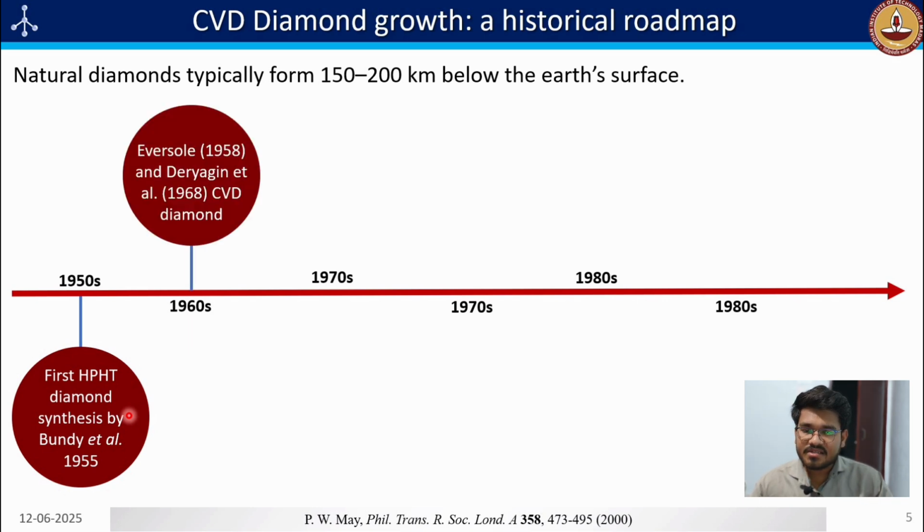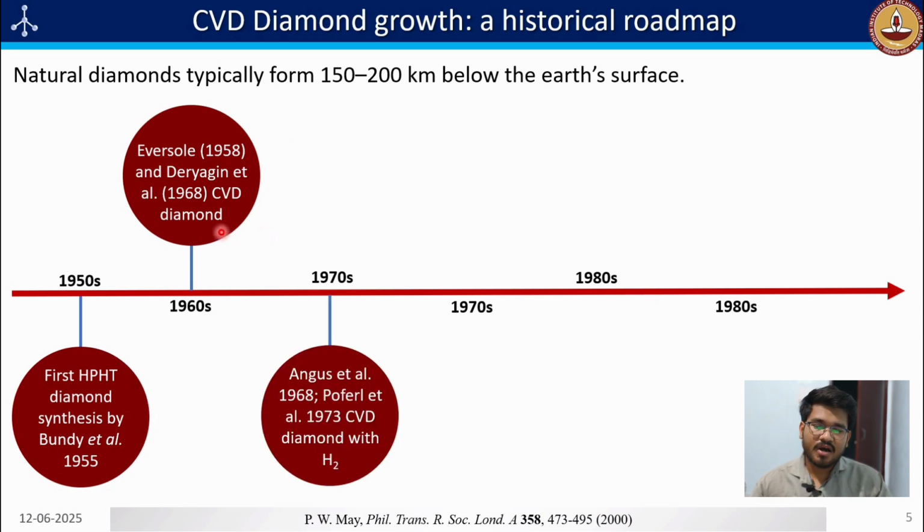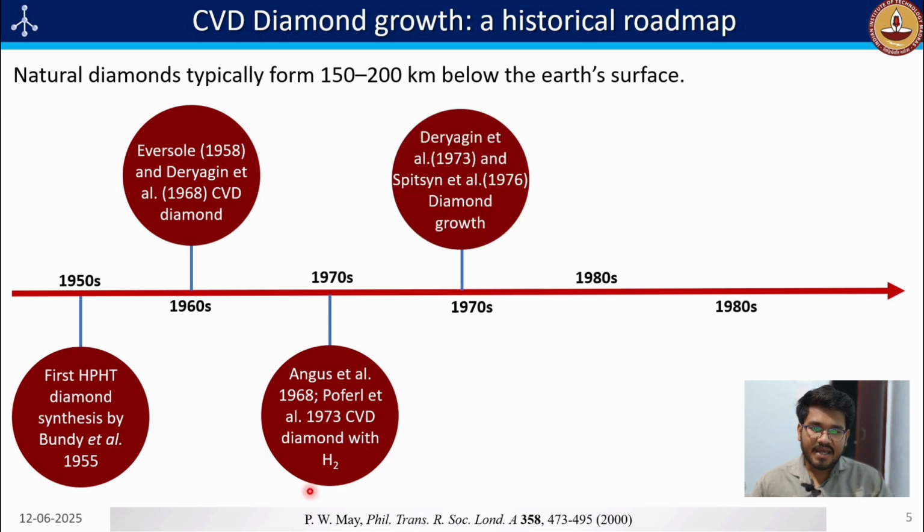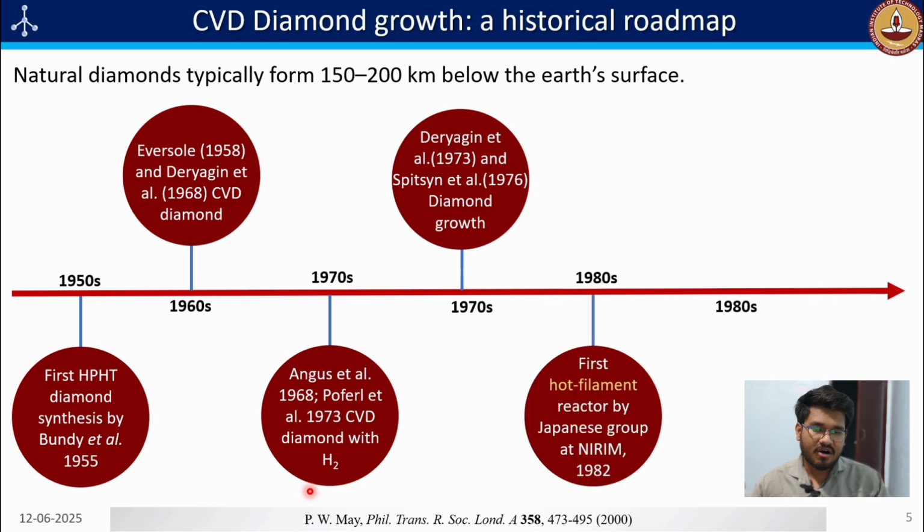In the 1960s, this group developed the chemical vapor deposition technique, and people first realized the importance of hydrogen gas in the growth environment. The work goes on and people tried more sophisticated techniques like hot filament CVD, which was in 1982 by this Japanese group.